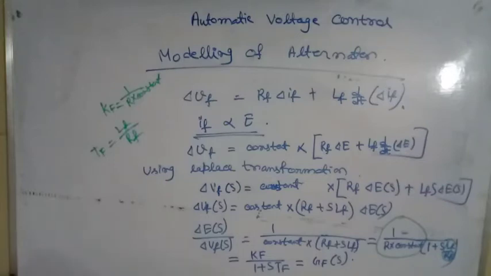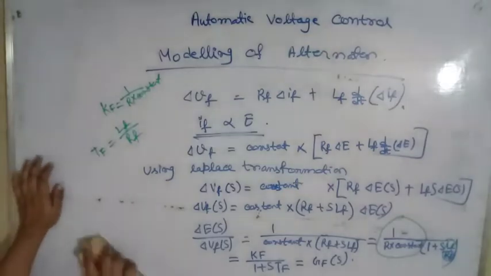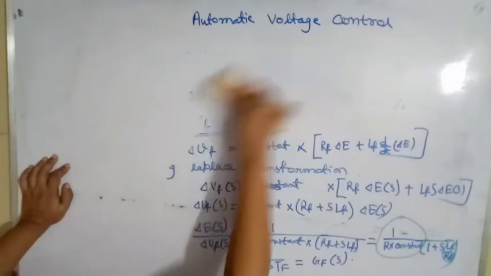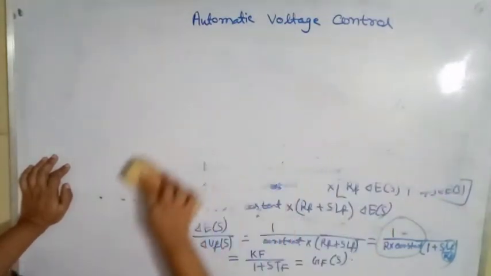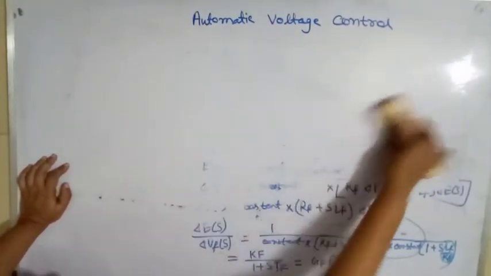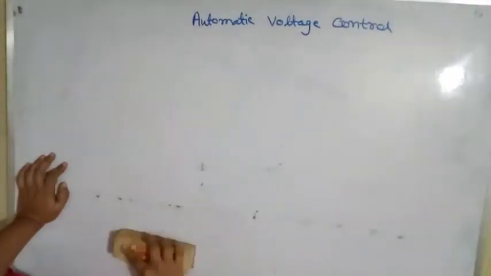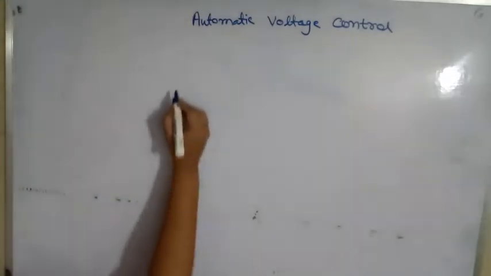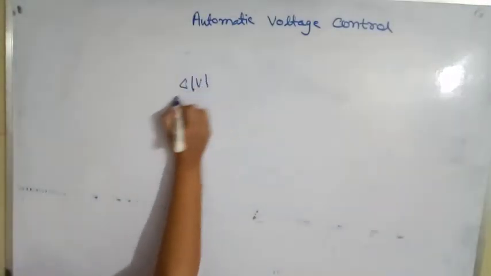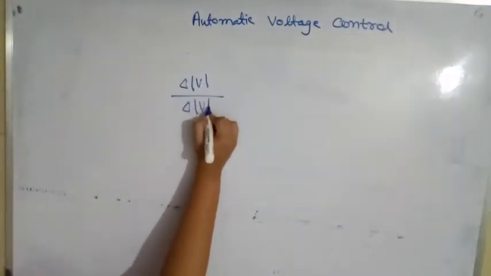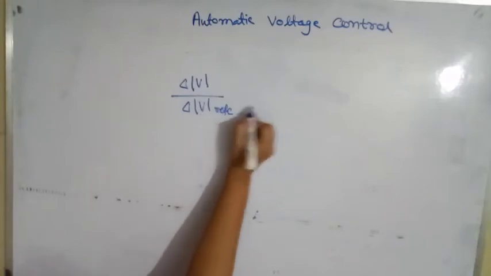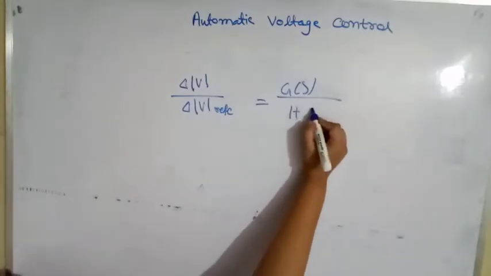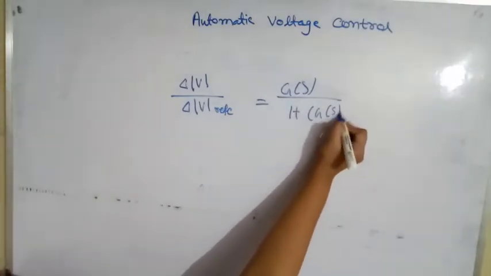This gives the transfer function for the exciter, the amplifier and the alternator. Now, the overall transfer function, that means the transfer function of the automatic voltage control loop, is dV by dV reference equals G(s) by 1 plus G(s).